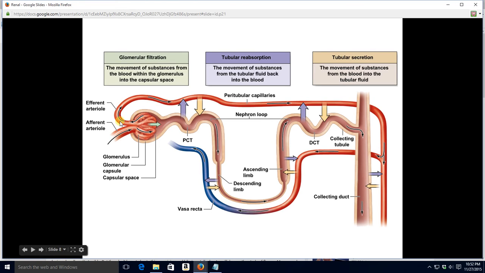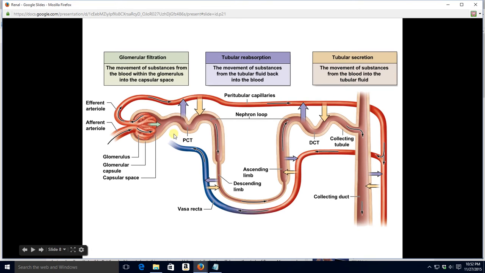So blood from the efferent arteriole goes up into some capillaries known as peritubular capillaries. Peri meaning around, tubular meaning tubules, and the peritubular capillaries parallel these renal tubules. And what that does is it allows exchange to occur.